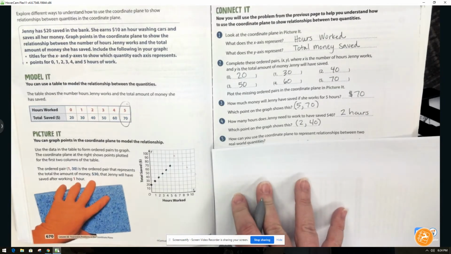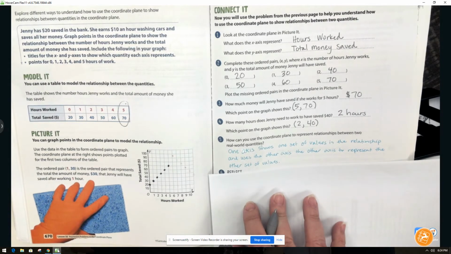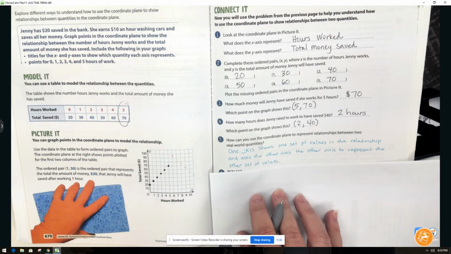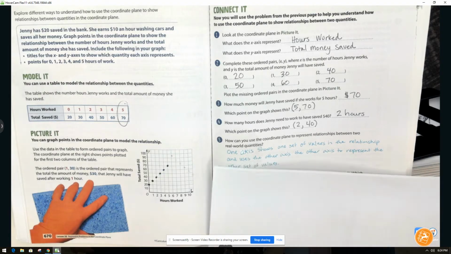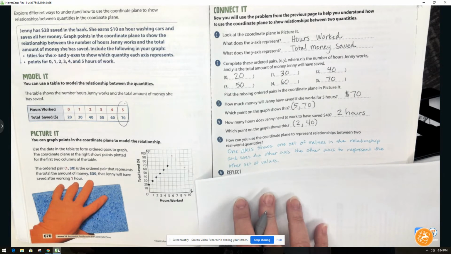So how can you use the coordinate plane to represent relationships between two real-world quantities? One axis will show one set of values in the relationship, and you will use the other axis to represent the other set of values.